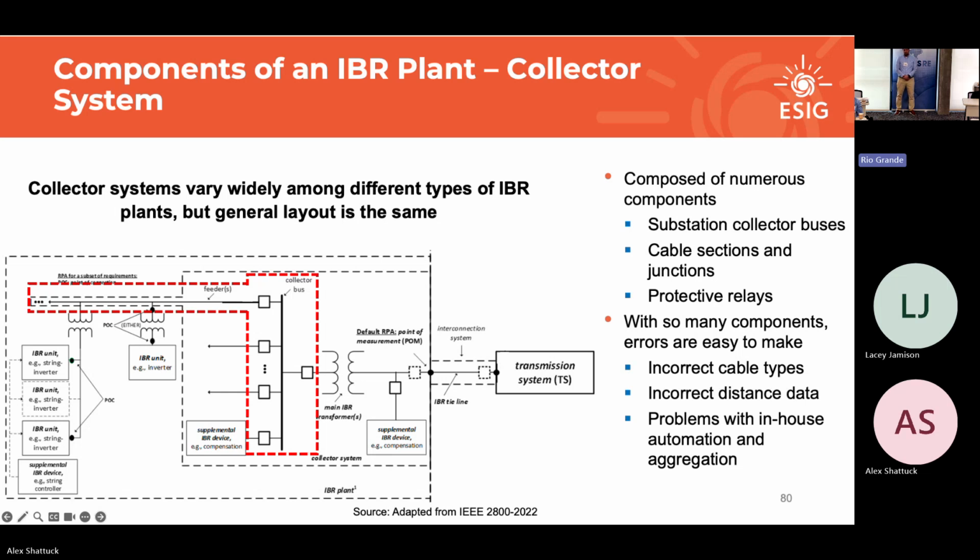A collector system for a wind farm may be the same configuration, but much longer, with much more branching, long cables and lines. So the main components are collector buses at the substation, cable sections and junctions, and protective relays. We talked earlier that protective relays don't always have a good proxy in the EMT world, so you're probably still using a generic protection there.